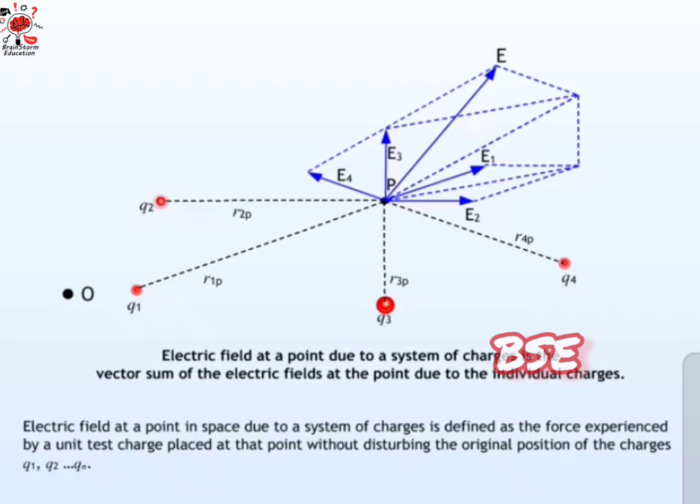Electric field at a point in space due to a system of charges is defined as the force experienced by a unit test charge placed at that point without disturbing the original position of the charges q1, q2 till qn.